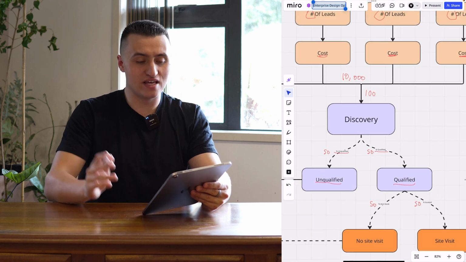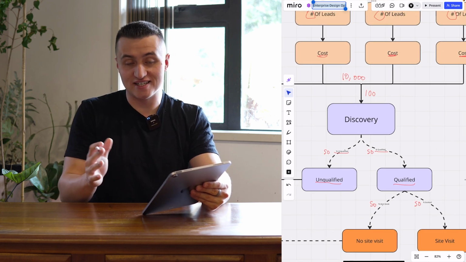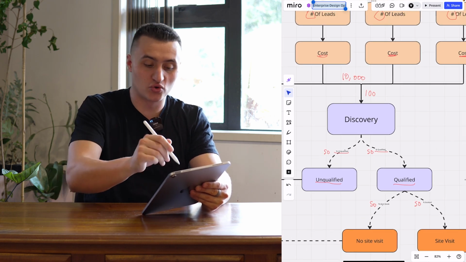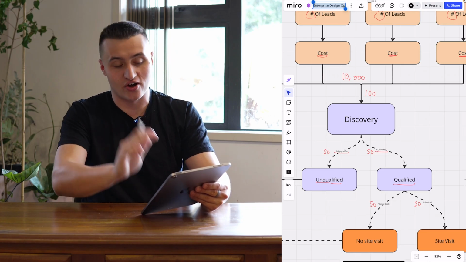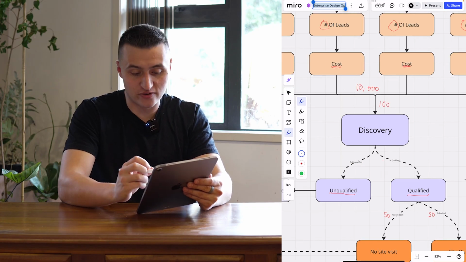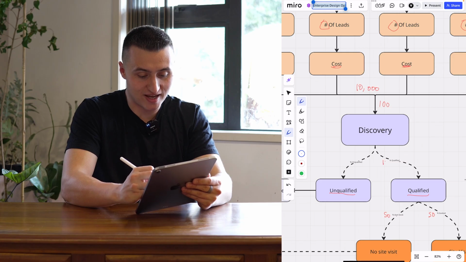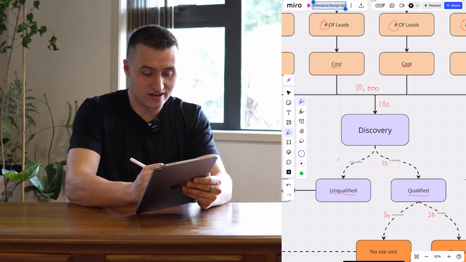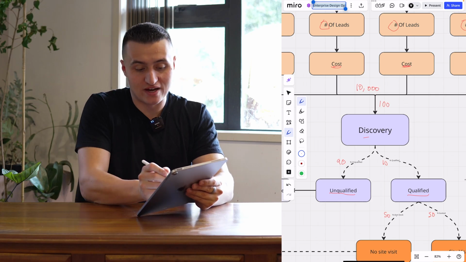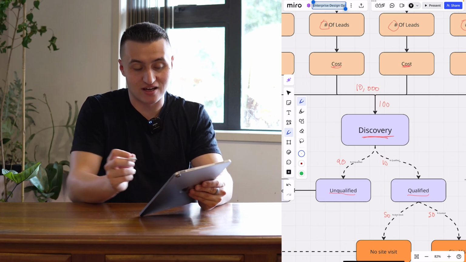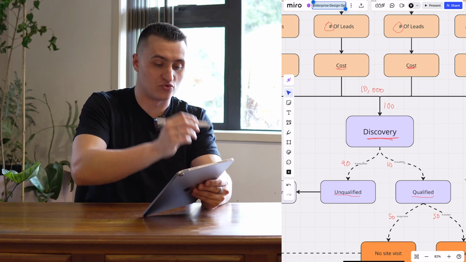And by the way, even if you get good or bad leads, it doesn't matter because your sales cycle should prevent anyone that is going to be wasting your time. So for example, in the discovery phase, let's just say only 10% are qualified and 90% are unqualified. That's great. What it means is we have a very good discovery process and we're not letting time wasters through the door.